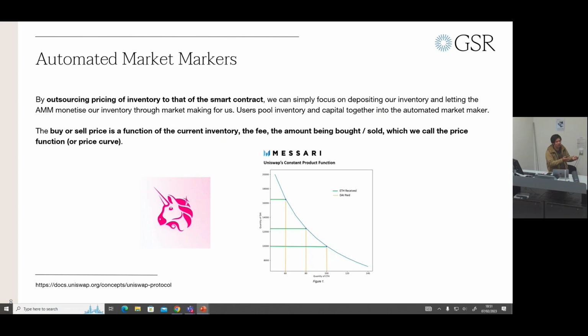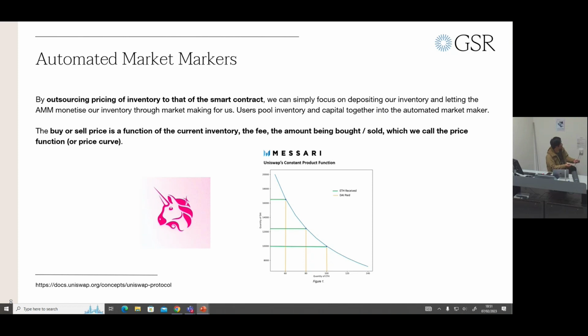And this pricing function is a function of its current inventory, so how many tokens it has, some fees it might associate with trading, like what sort of commission it would like to make, as well as any other factors that you might try to involve.